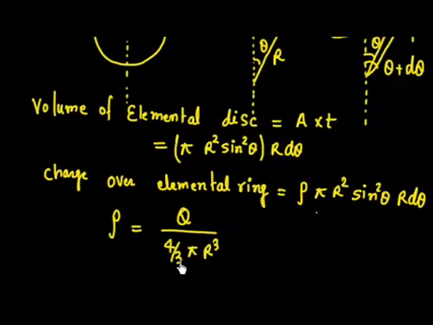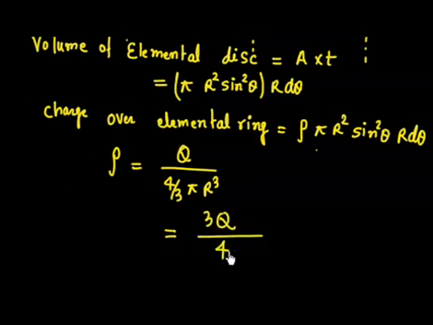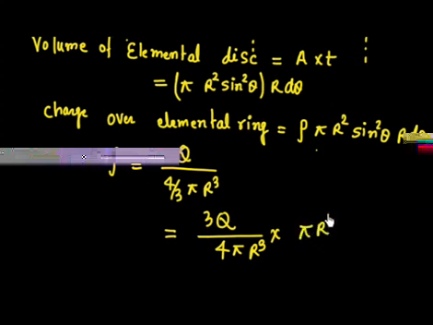So if you wish, you can plug the value of rho there. So let us plug the value of rho. That is 3Q by 4 pi R cubed. So this becomes, and here I will have pi into R cubed, this r square and r becomes r cubed, sine square theta d theta.